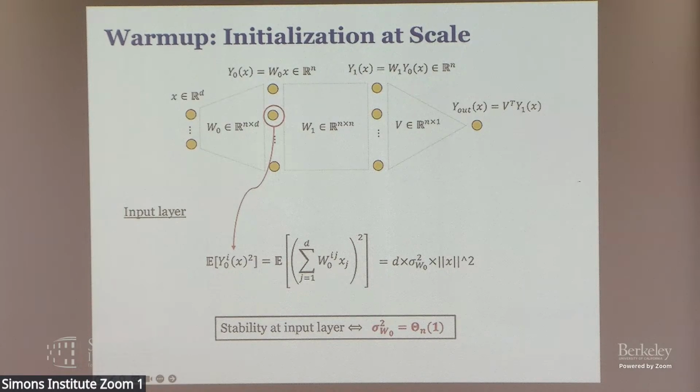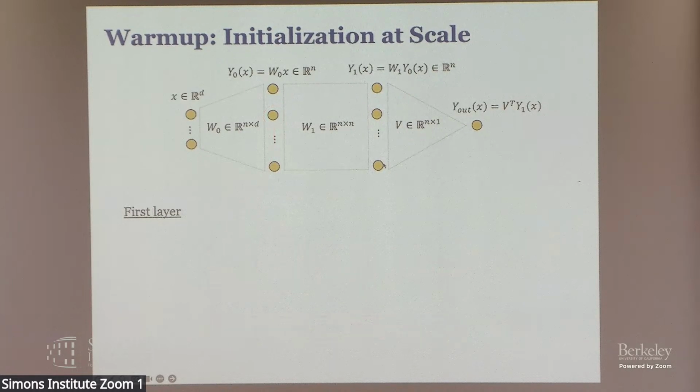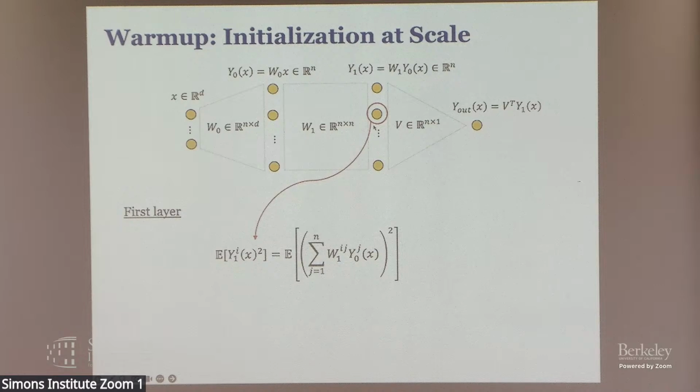Okay. Now this is for the first layer, the input layer, right? If we move to this next layer, so this one here, and we do the same analysis, we'll find that the expectation is equal to n times sigma w1 squared, the variance we use to initialize w1, times the magnitude of the input features of this layer.